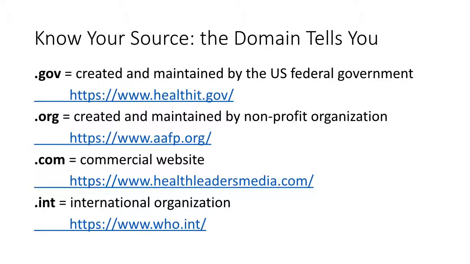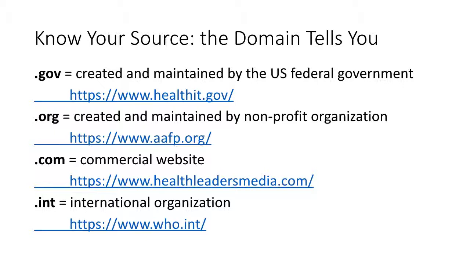.org is a website that is created and maintained by a nonprofit organization. For example, www.aafp.org, which is the American Association of Family Practitioners, or family physicians. They have to go through a lot of paperwork in order to obtain this domain.